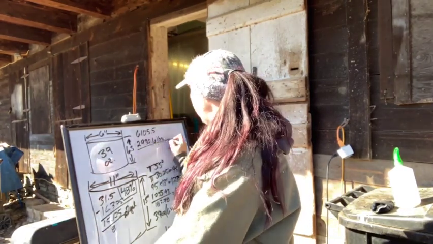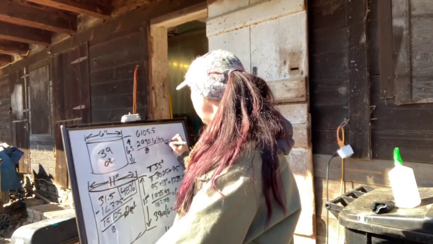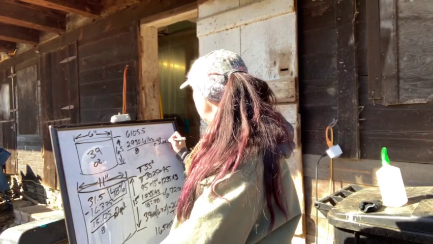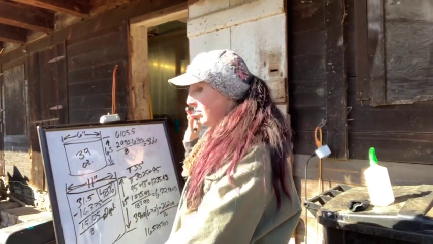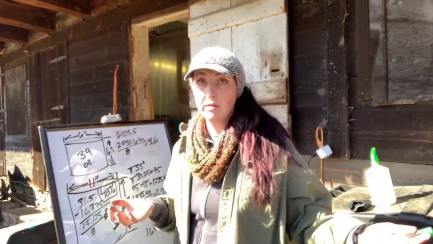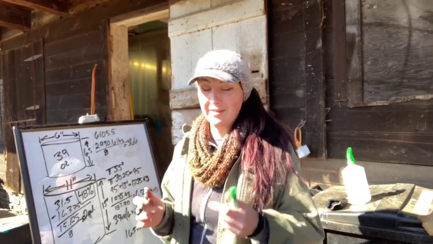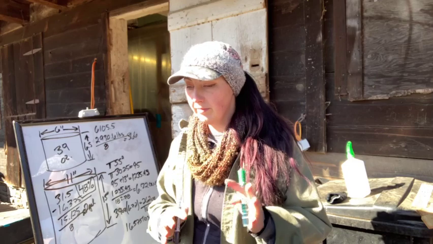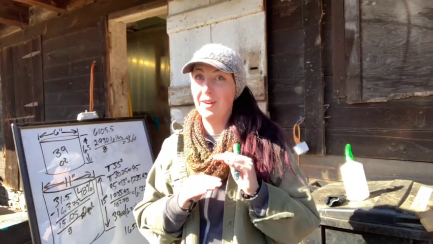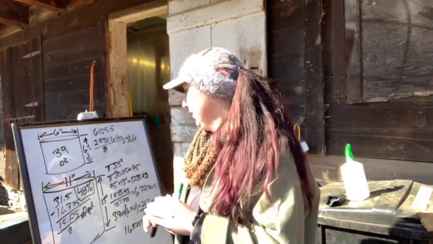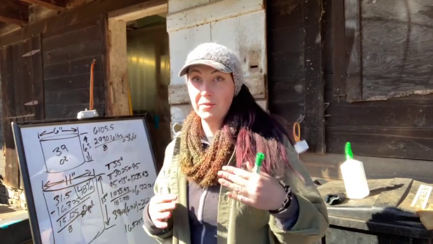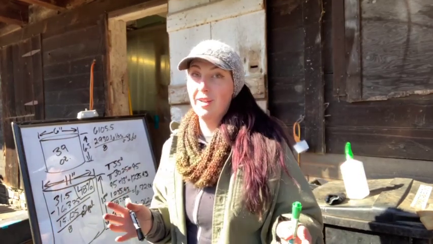We divide that by 8 pounds per gallon, and that equals 366 gallons, roughly 366 gallons. This stuff is all rounded. This is not exact science. I am not a mathematician. This is what made sense to me, so hopefully it makes sense to everyone else.